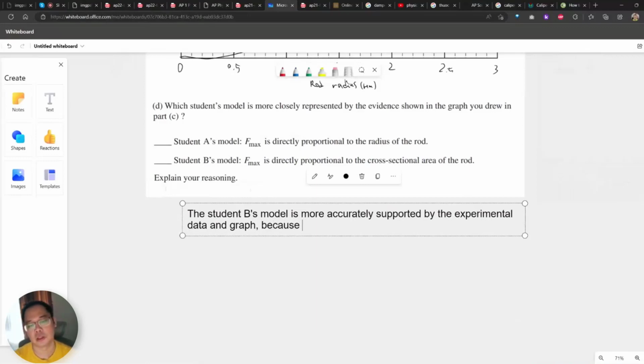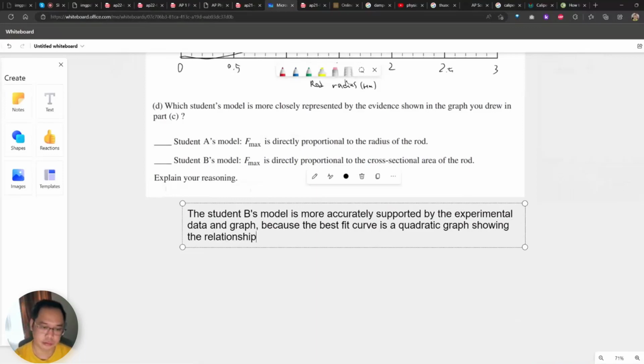Because the best fit curve is a quadratic graph showing the relationship between the maximum force and the square of the radius.